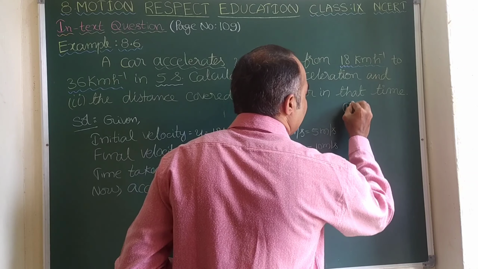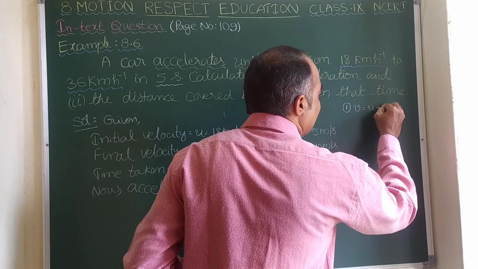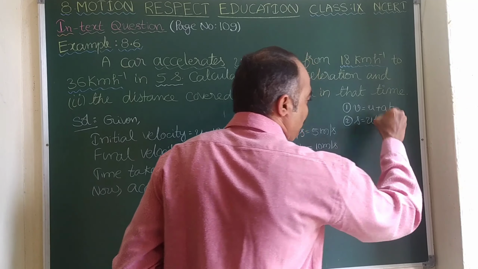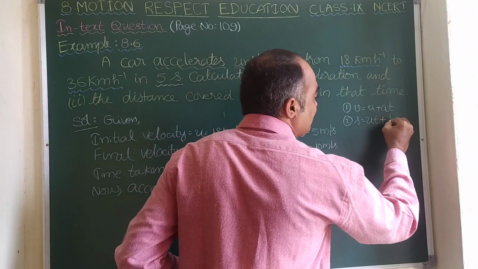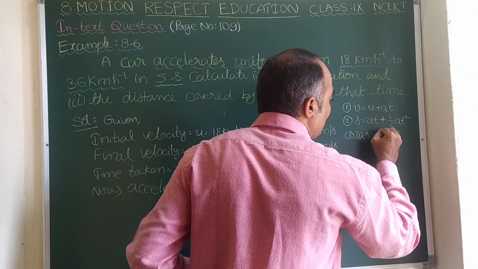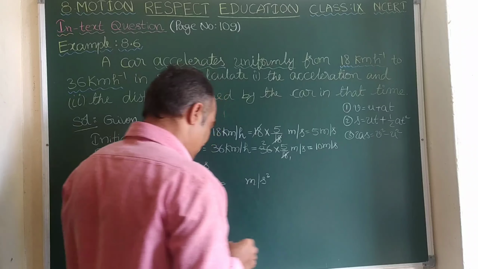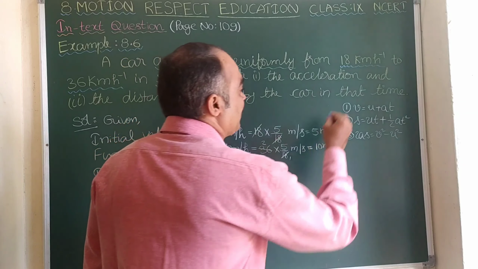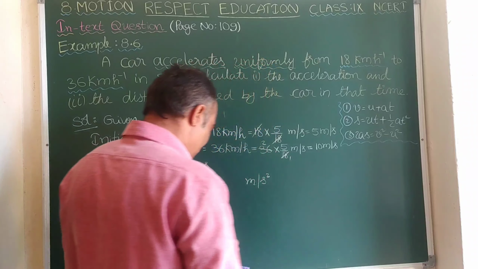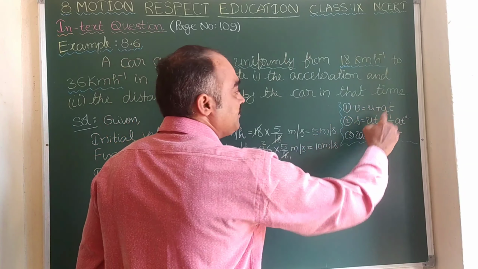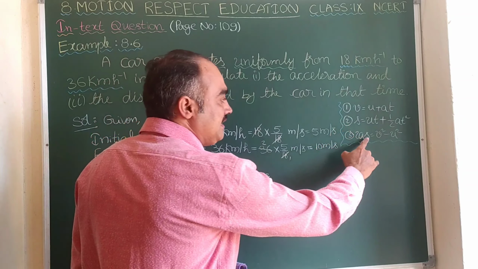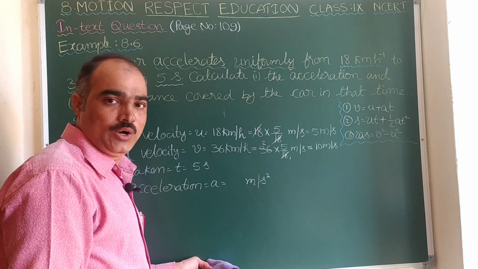The first equation is v is equal to u plus at, the second equation is s is equal to ut plus half at square, and the third equation is 2as is equal to v square minus u square, in which u is initial velocity, v is final velocity, t is time taken, a is acceleration, and s is the distance travelled by the object.